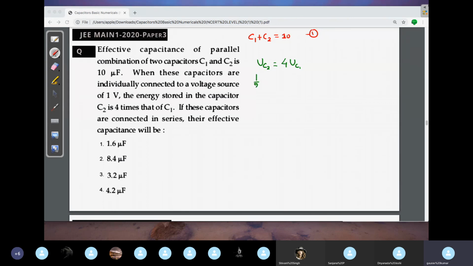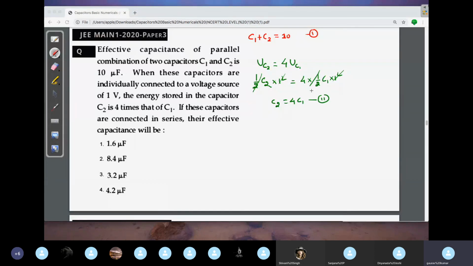So half times C2 into 1 square, since both are connected to 1 volt, equals 4 into half C1 into 1 square. The half cancels, the 1 square also cancels, and C2 is basically 4 times C1. You got equation number 2.